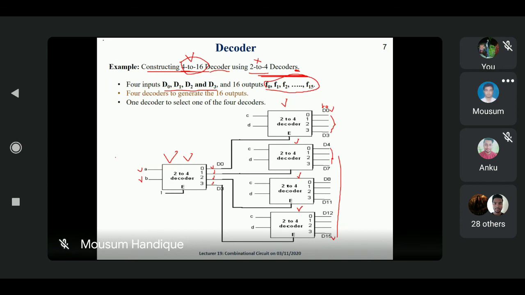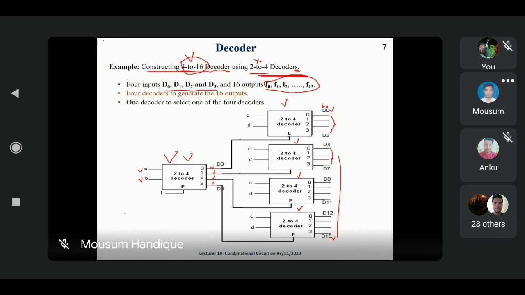So now what happened, this particular decoder, see why we are using the 5 decoders instead of 4 decoders. Okay, so here what happened, if you are using 4 outputs, suppose I'm using D0.